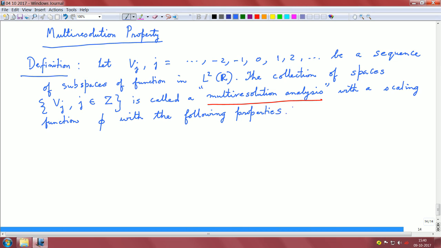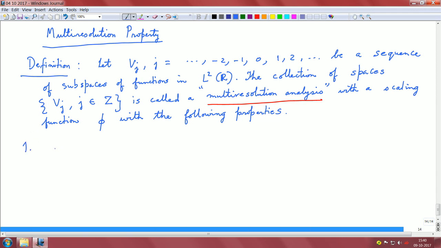So, let Vj, j equals dot dot dot minus 2, minus 1, 0, 1, 2, 3 and so on, be a sequence of subspaces of functions in L2(R), that is all square integrable functions, and the collection of spaces Vj, j belongs to the set of integers, is called a multi-resolution analysis with a scaling function phi if the following properties hold good. Okay. Let us see what the properties are.